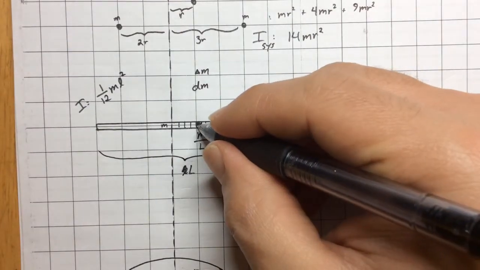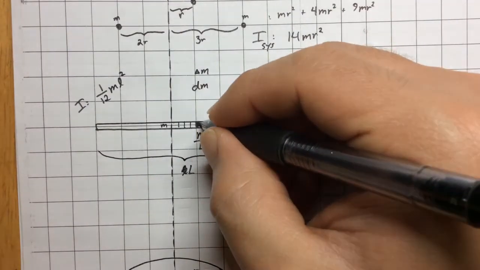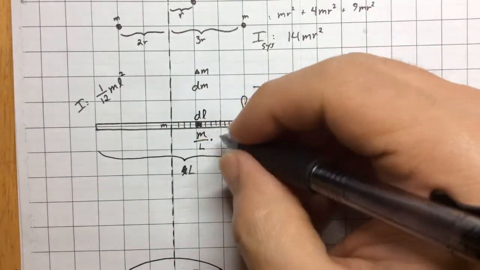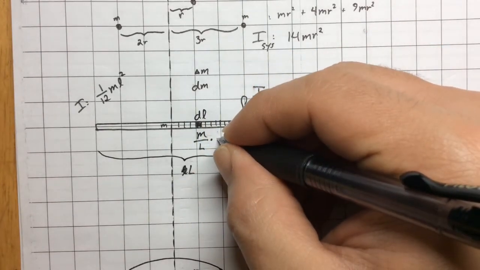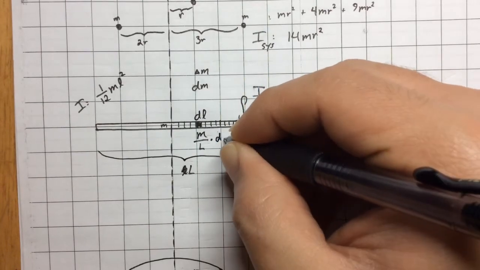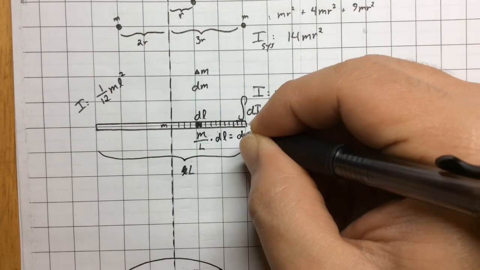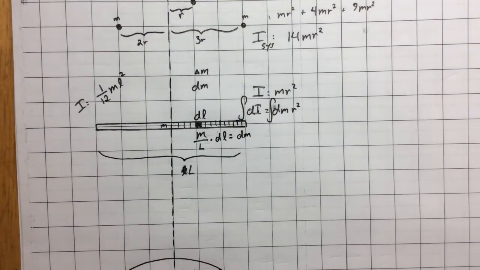Now we want this piece right here, so we're going to say that is of length dl. Alright? And so we're going to multiply this mass over length by a dl. And what this should give us is a small mass, which is what's called dm. Alright, so this idea of dl, it's one full piece.